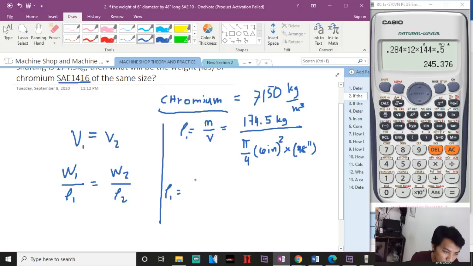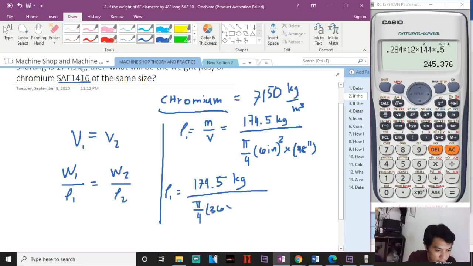So, 174.5 kg per pi over 4 times 36 times 48 inch cube. Ngayon, may conversion tayo. 2.54 cm per inch.